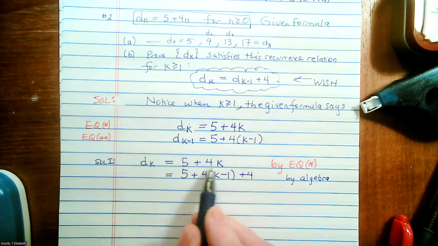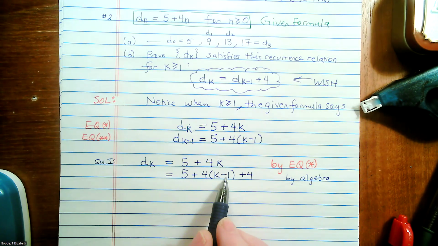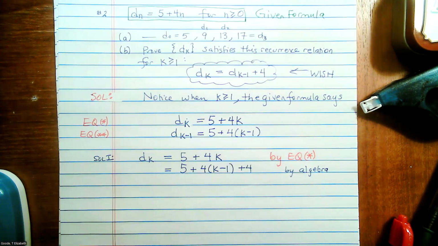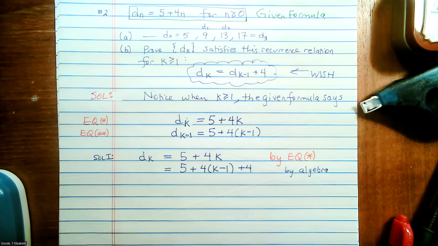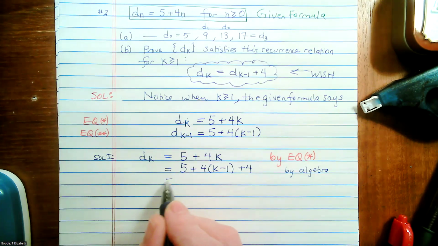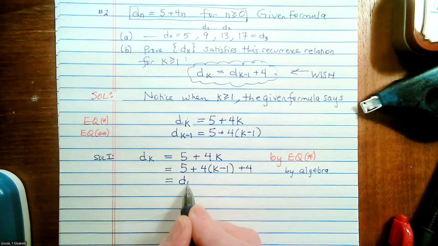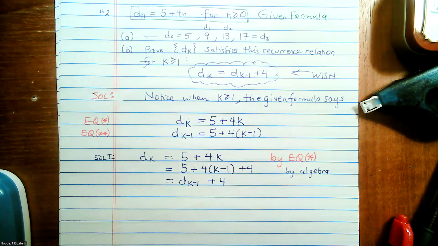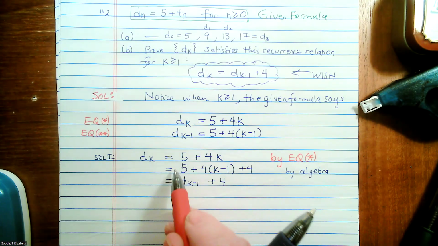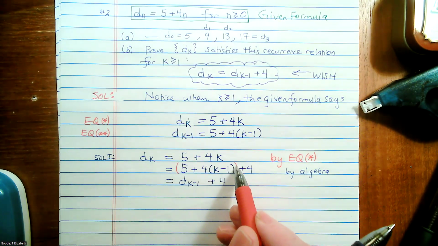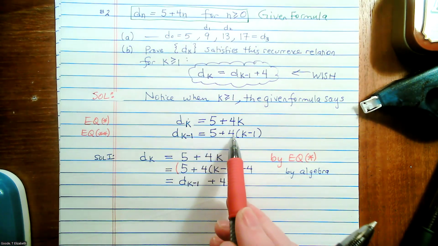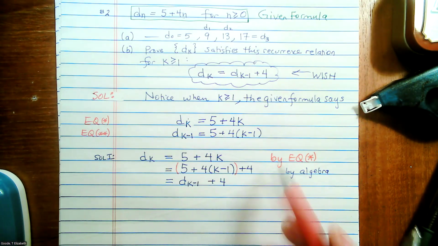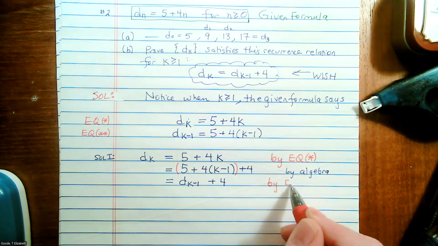All I've done to 5 plus 4k is subtract 4 and then add 4 back. So I haven't changed it. I've just added 0. Well, that is equal to d sub k minus 1 plus 4, because d sub k minus 1 is 5 plus 4 times k minus 1. So this is by equation double star.